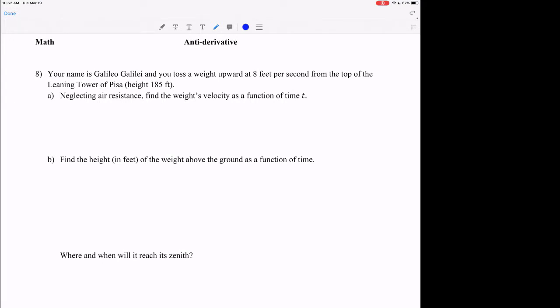Things you need to realize: your function, your f of x, is your distance. Your derivative is your velocity. And your second derivative is acceleration.